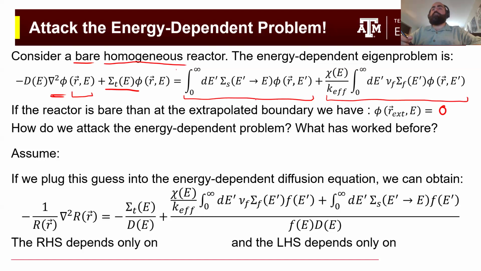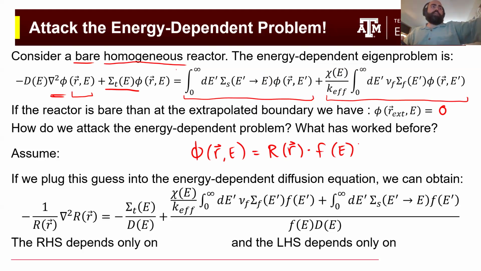And if it's a partial differential equation and we want to try to solve it, what we're probably going to try is the thing that's worked before, which is separating variables. We're going to assume that our flux, which is a function of position and energy, can be written as some function of space and some function of energy.